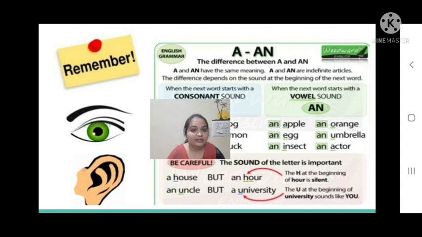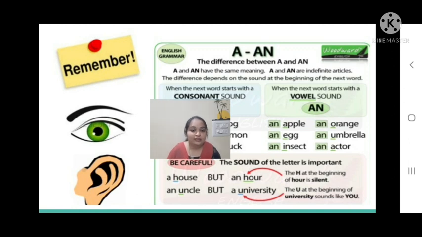Whereas in the word an hour, H-O-U-R, we say one hour. Give me one hour time, I'll finish it. How do we pronounce it? We pronounce it "hour", and we just keep the H silent.